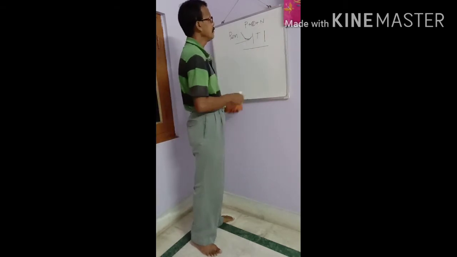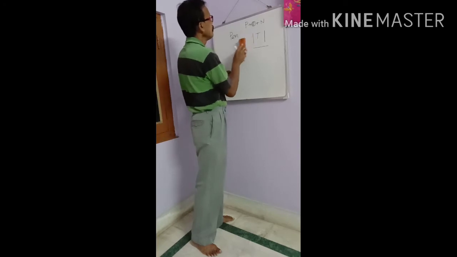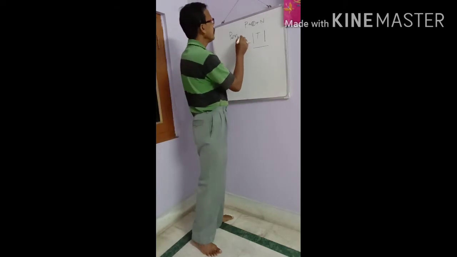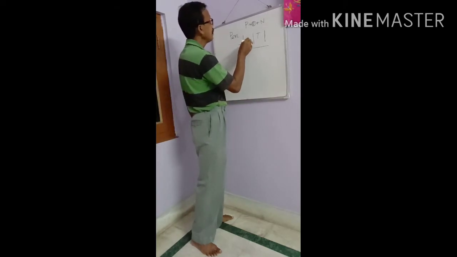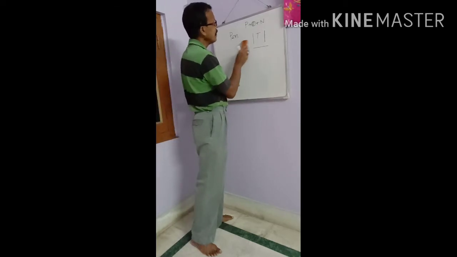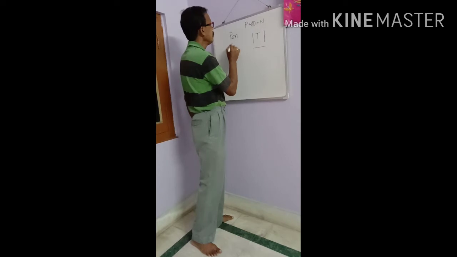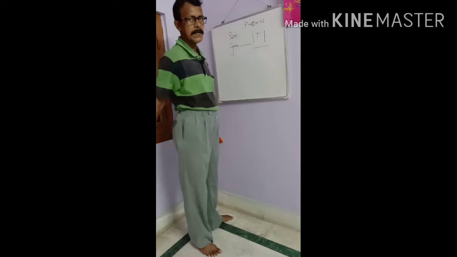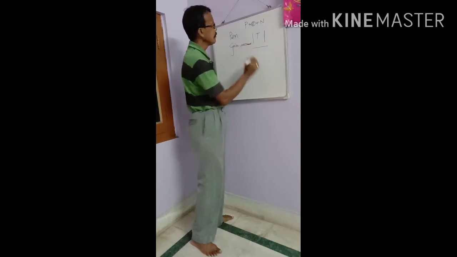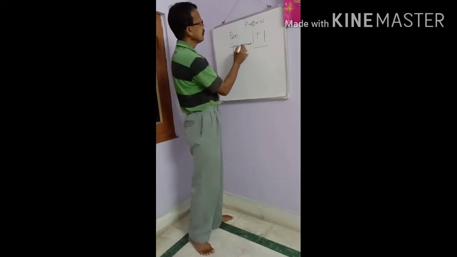Ten, T and N, ten. Gen. This is the line of writing. This is G, A vowel and N, gen.